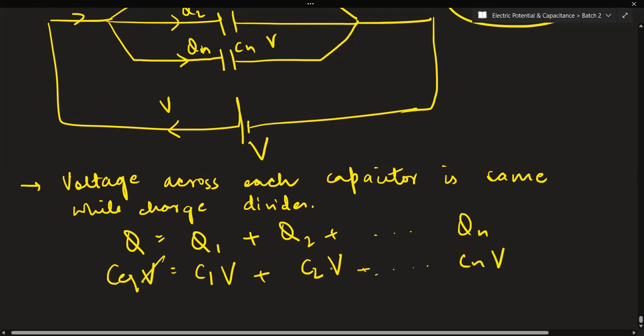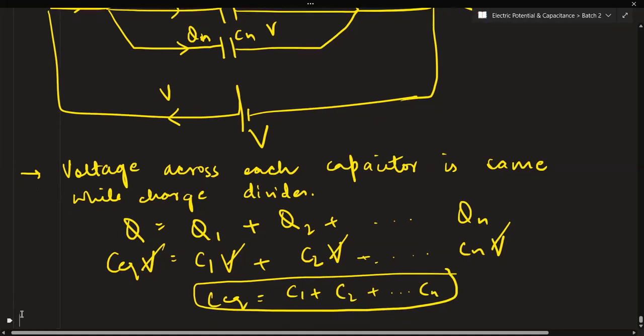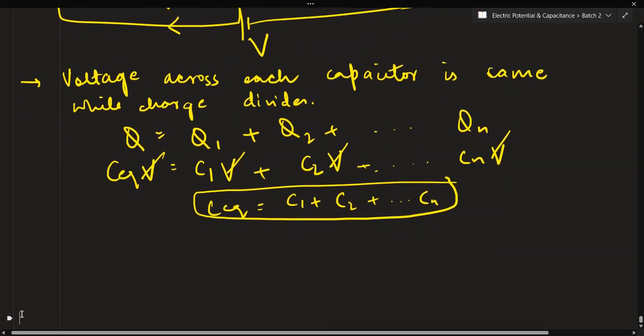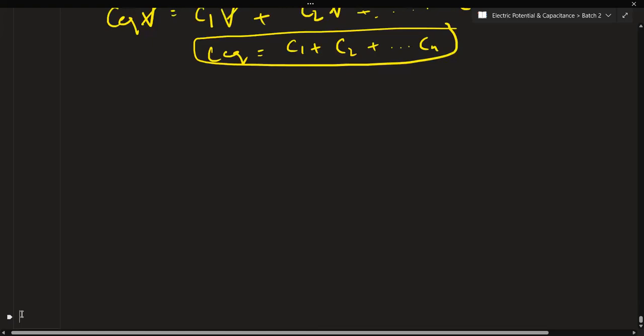See, voltages will get cancelled. C equivalent will be what? This will be C1 plus C2 up till Cn. So you just have to add them in case of parallel. So in case of capacitors, the parallel circuits are very easy because you just have to add them. If you add them directly, you get your net capacitance.